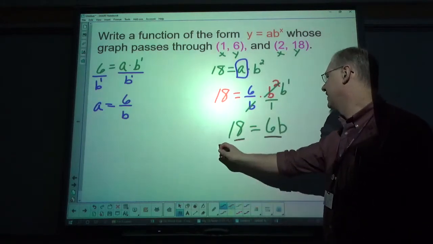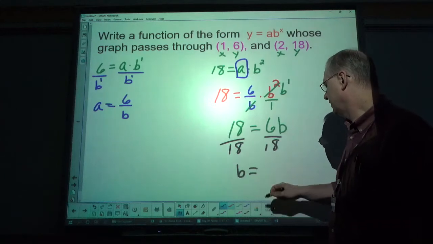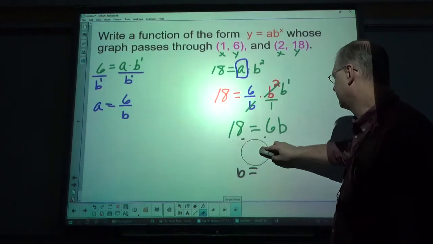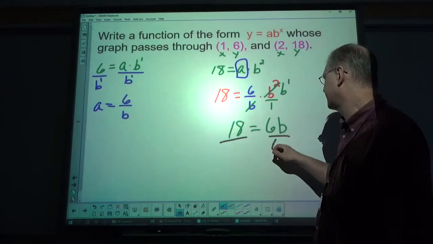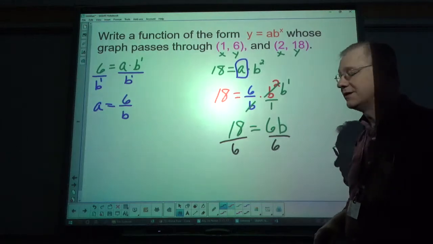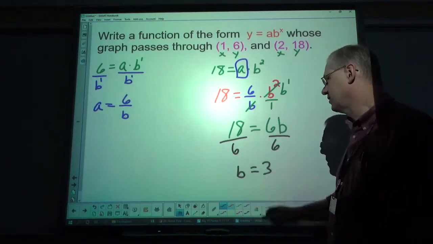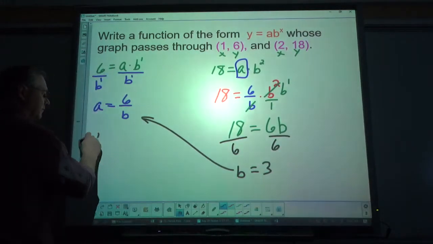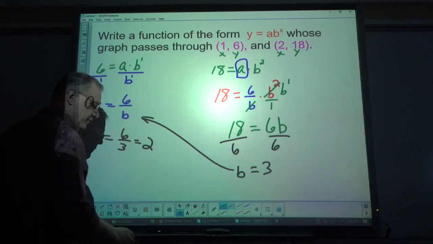Now I'm going to divide by 6, because 6 is what's multiplying times b. You don't divide by 18, so b is 3. Now if I bring that back over here, a is 6 over 3, or 2.